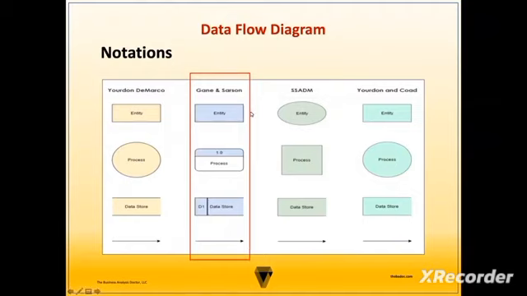Here, the entities are rectangles. The processes are represented through rounded rectangles. The data stores are also represented as rectangles with the right side open, and the data flows are lines with arrowheads. In the process node and data store, you'll notice these reference numbers. We'll talk more about those later. Through the remainder of the lesson, I'll be using the Gane and Sarson notation since it does have this additional component.